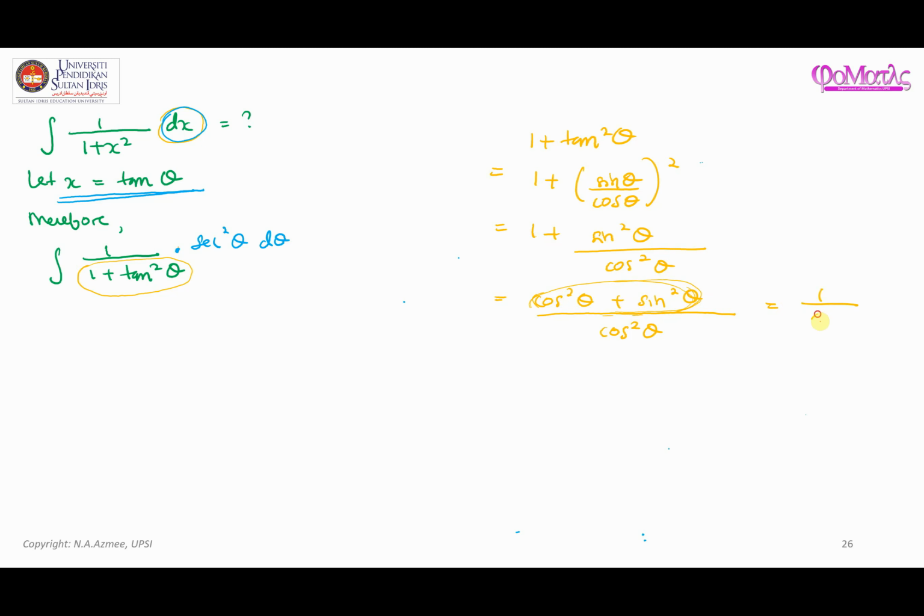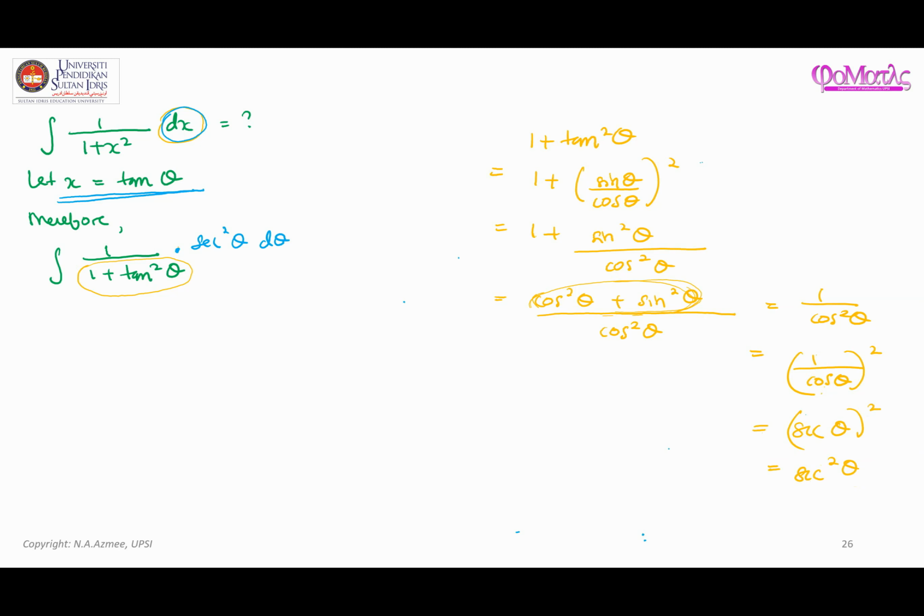So we have 1 over cosine squared theta, which can be written as 1 over cos theta, you square it, and we know that 1 over cos is actually secant, so secant theta squared, and this is also equal to secant squared theta. You can write it in this form.